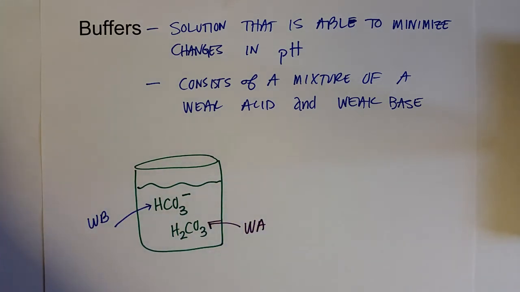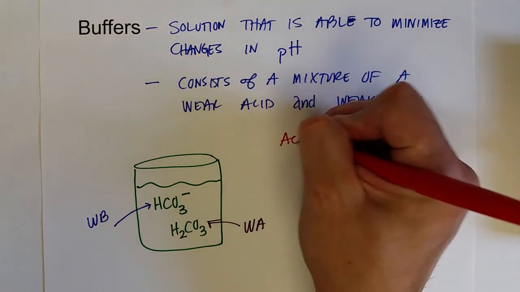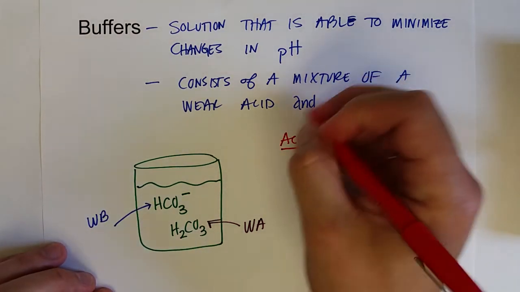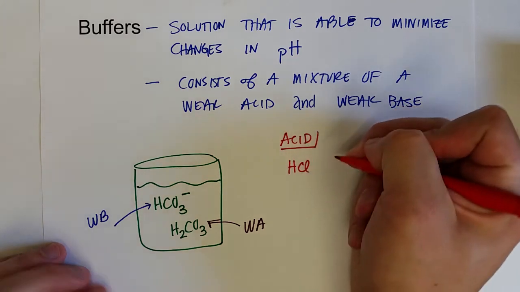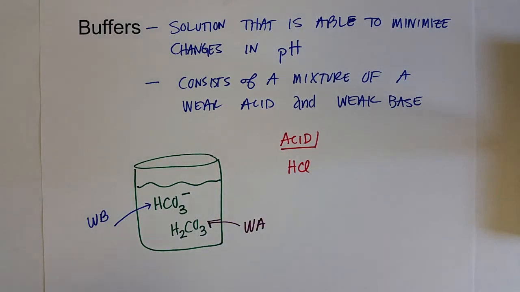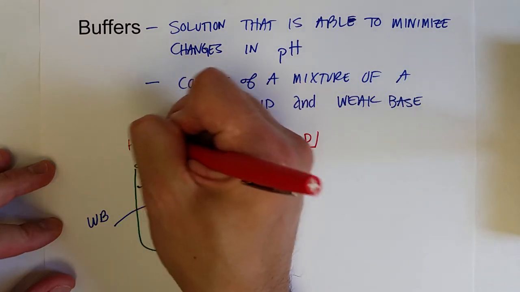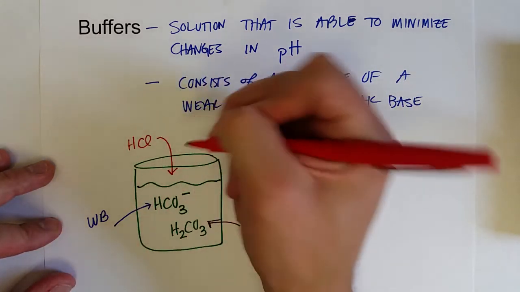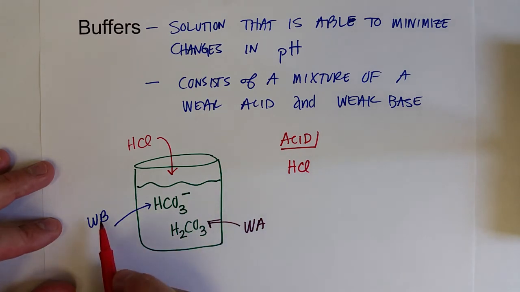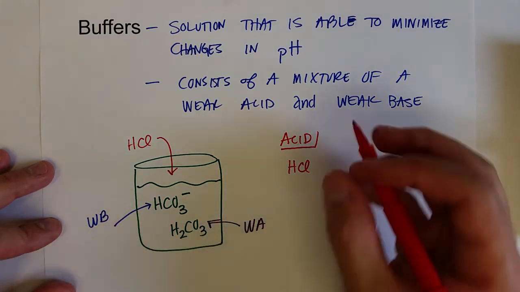We said it can minimize changes to pH, so we have to think about how we would change pH, either by adding acid or adding a base. So if an acid was added, say hydrochloric acid, a strong acid, if HCl were added to this buffer system, it would be neutralized by the weak base.